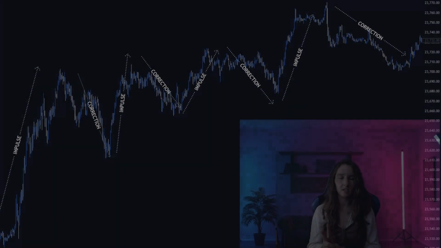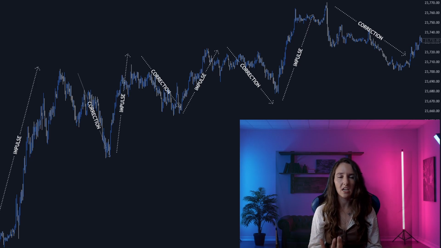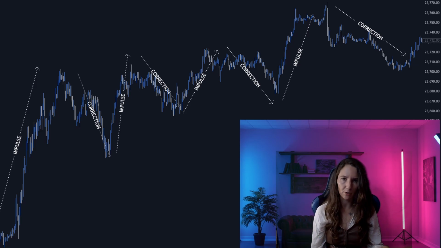Now, here's where it gets really interesting. Every trend is made out of 2 types of moves, impulse moves and corrective moves. Impulse moves are the big, strong moves in the direction of the trend. These are where the real money is made. Corrective moves are the pullbacks, the market taking a breather before continuing in the trend direction.